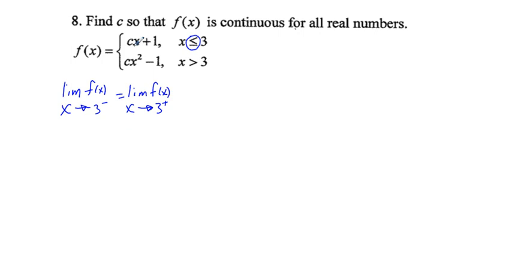And then we're just going to write this out here. Left side is this one. We have cx plus 1. We'll substitute them later. And then cx squared minus 1.